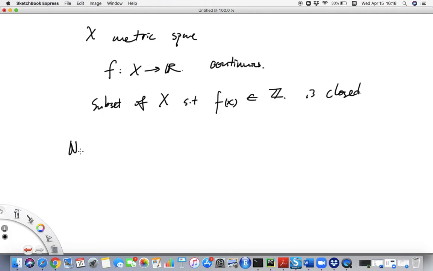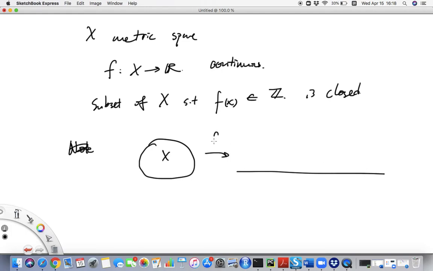Well, first we note that, okay, so maybe it's easier if I draw a graph. So this is x, this is the real line. We have f, right? So we have a bunch of points. We don't know if these are points yet. So, but anyway, so here is some integers, okay? So first of all, it should be easier to see that a union of integers is closed. Okay, so this is closed set.